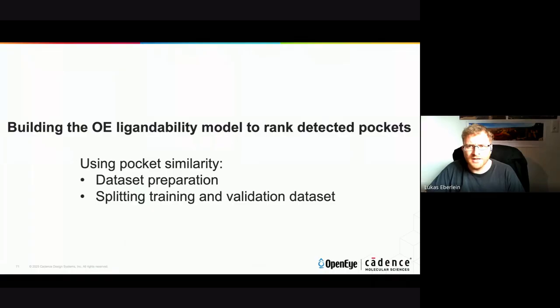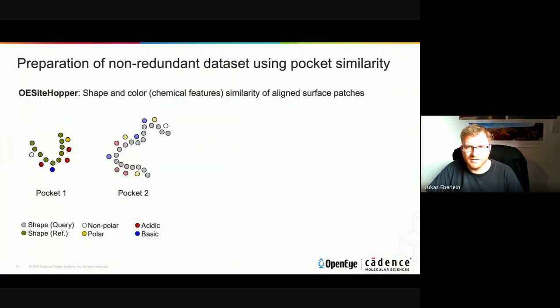To answer that, we created our own data set, which we think removes some of these issues. We used pocket similarity for preparing our data set and used splitting based on that to avoid leakage from our test to our training set. We rely on a method developed many years ago at OpenEye, which is called SiteHopper.